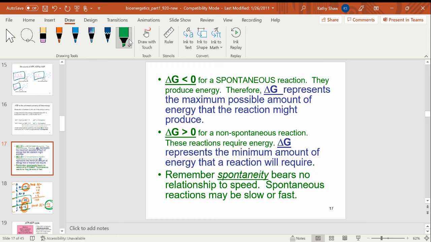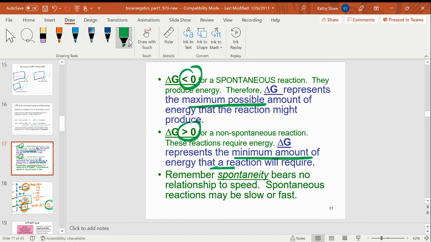So that's a theoretical number under ideal conditions. Same thing with delta G. Theoretical number under ideal conditions. Your cells are not ideal conditions. So my negative delta G, that's the maximum I might possibly get, but I probably won't. My positive delta G, that's the minimum amount of energy that I can put in to get that reaction to go. Probably need more than that.